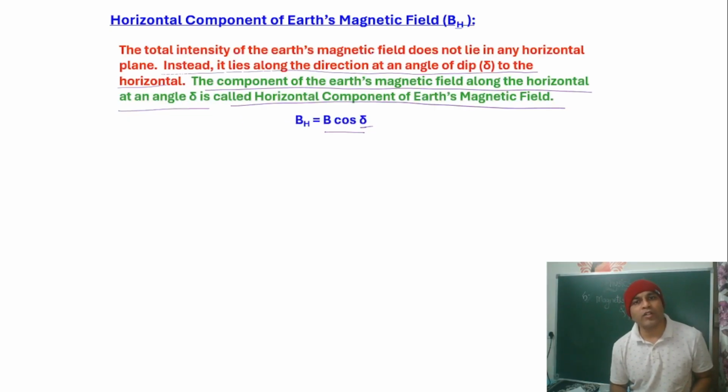The total intensity of Earth's magnetic field does not lie on the horizontal plane. Instead, it lies along the direction at an angle of delta to the horizontal. The component of Earth's magnetic field along the horizontal at an angle delta is called the horizontal component of Earth's magnetic field. Right.